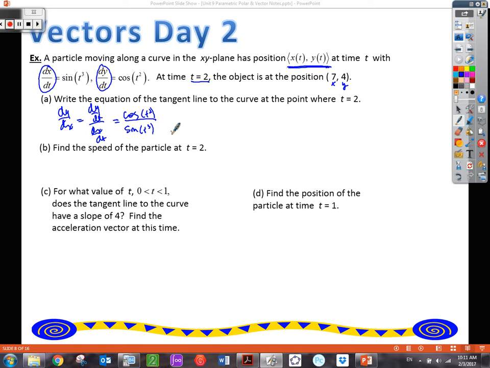Okay, so using the calculator, we still have to show some work. We can't just write answers down. We need to show dy dx. What's dy dx? And we're actually looking for dy dx at 2. And we can just write the number down once we get it out of our calculator.